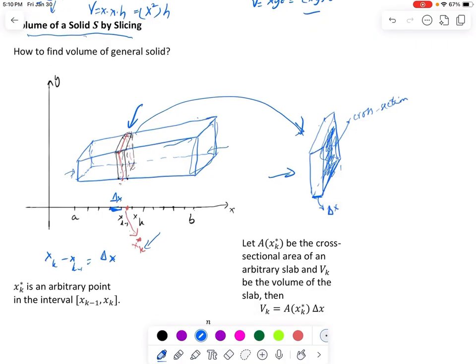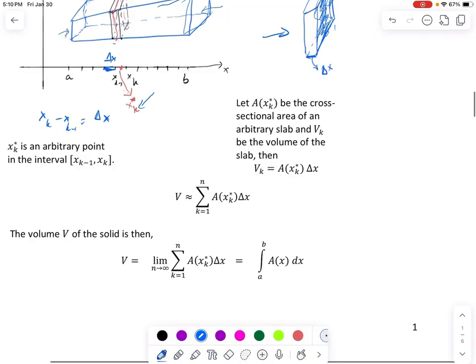Now if we say let A(xk*) be the cross-sectional area of an arbitrary slab and Vk be the volume of the slab, then Vk will be equal to the area of the base multiplied by the height. In this case, the height is just this much, which is delta x. So we get Vk is equal to A(xk*) delta x.